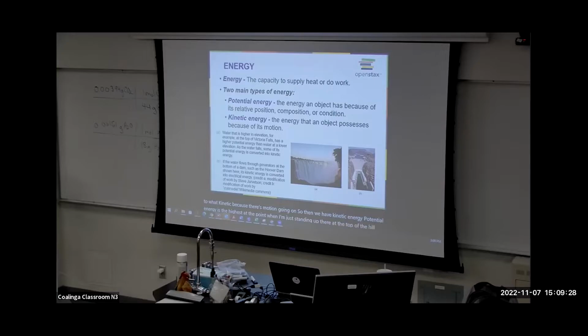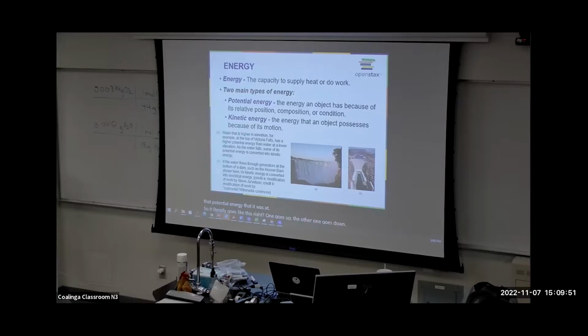Because that's the highest position I'm at. As soon as I jump off, I start changing my potential energy into kinetic energy. And then when I hit the water, that's when my kinetic energy is at its highest. It should be equal to that potential energy that I was at. So it literally goes like this, right? One goes up, the other one goes down.